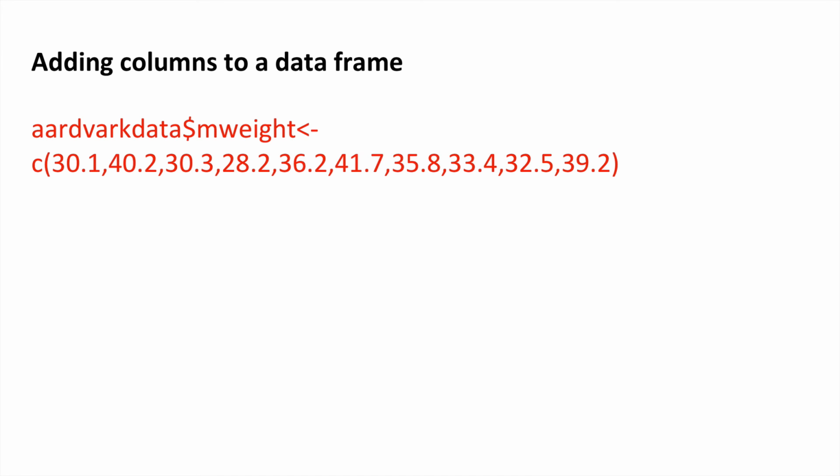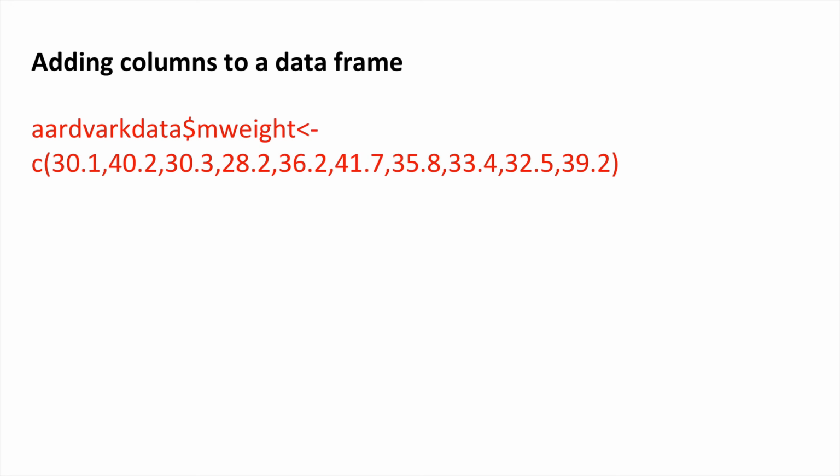So how do we add columns to a data frame? How do we add new variables? Well, here, for example, is one new variable. It might be the mean weight of those aardvarks in the litter for each of those individual aardvark mothers that we have listed out.